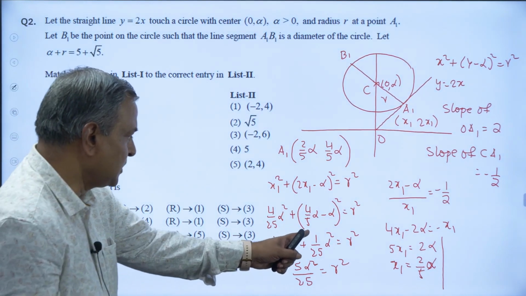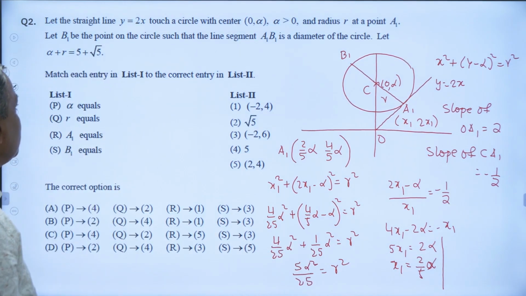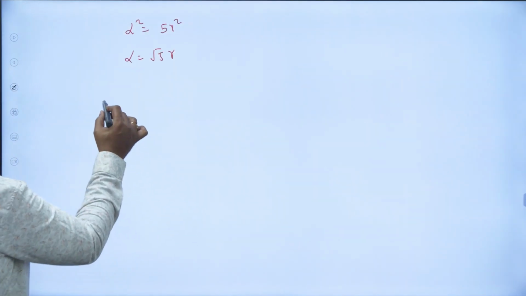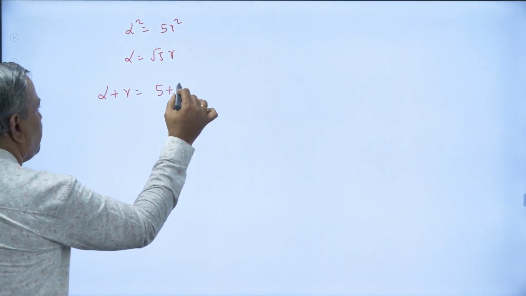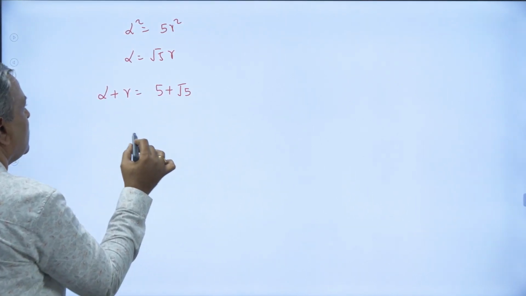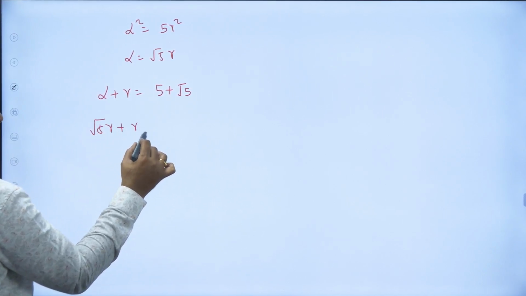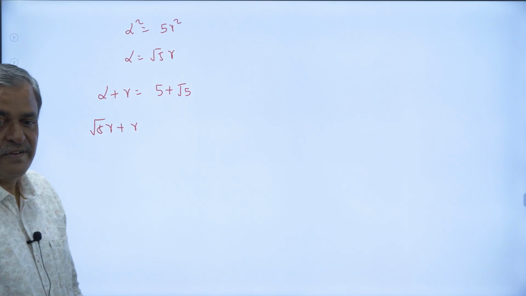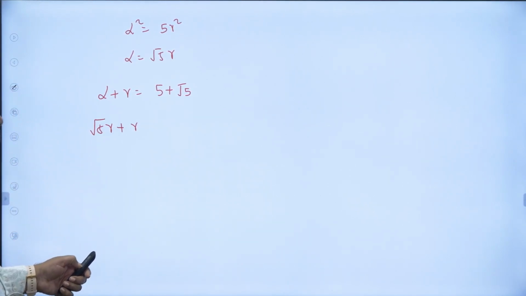Okay, you can cross check. But what information did they give? Alpha plus r is equal to 5 plus root 5. So alpha is root 5 r, plus r. Okay, so what is the mistake done here? Alpha is equal to root 5 r is correct.